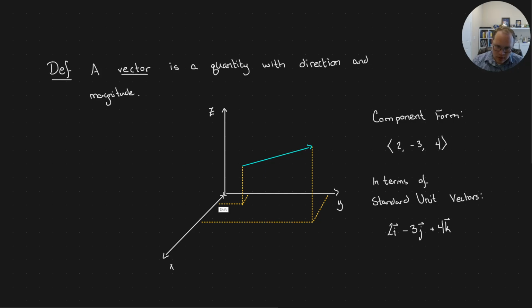Okay? So we'd have these three vectors, i, j, and then let me draw j a little further this way, j, and then k is pointing straight up down the positive z-axis. Okay?